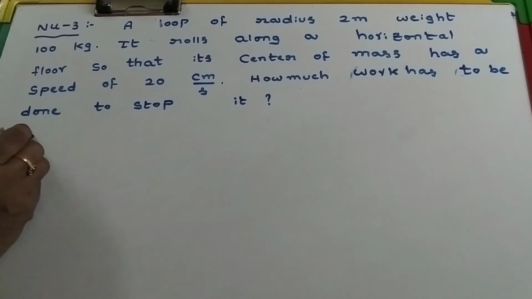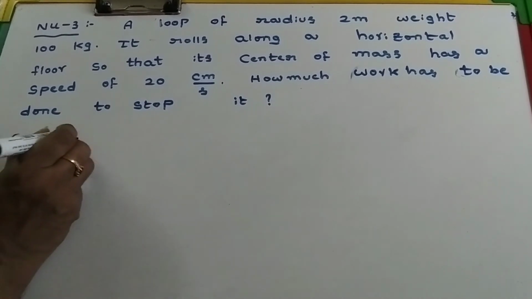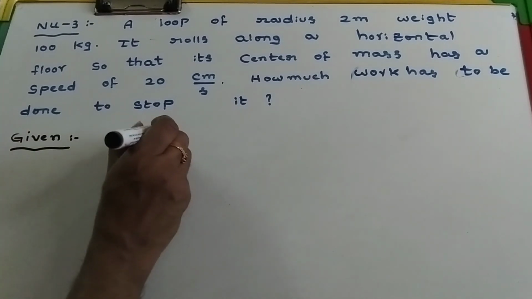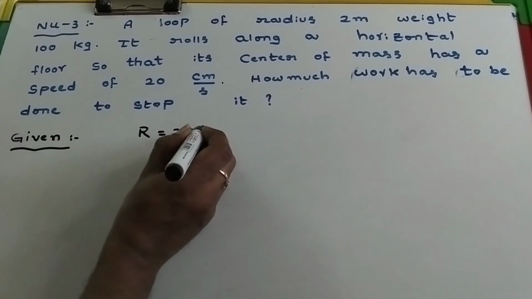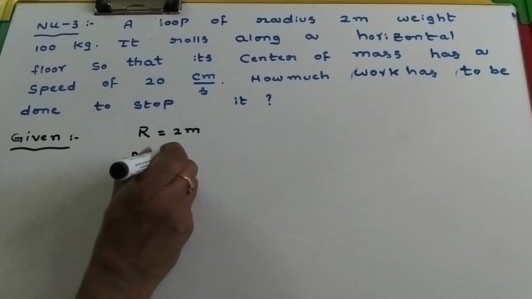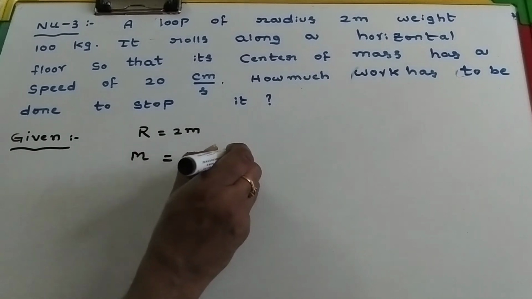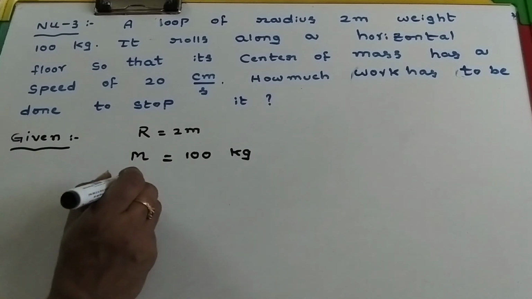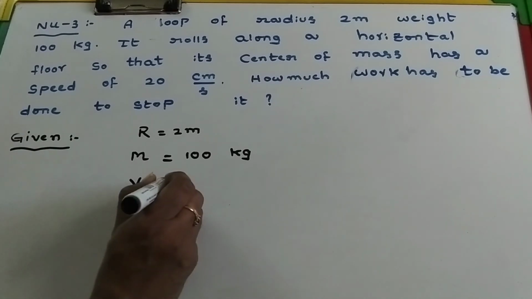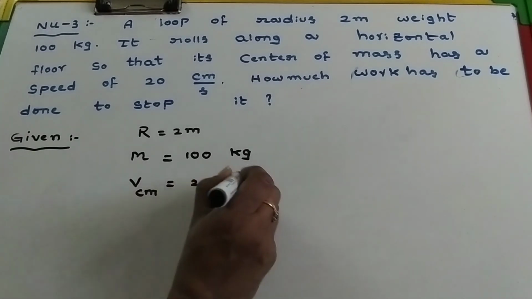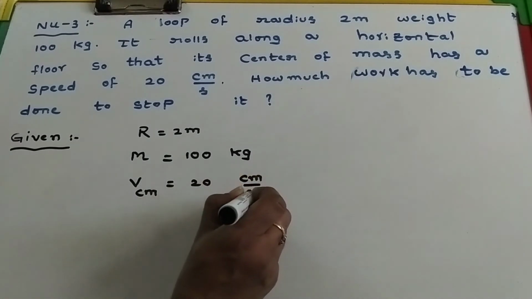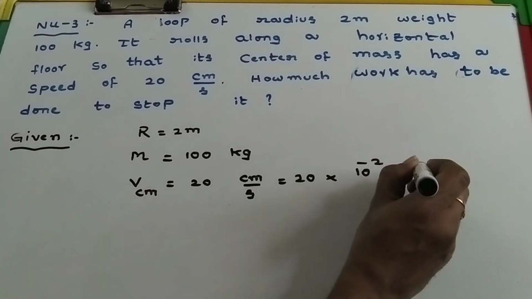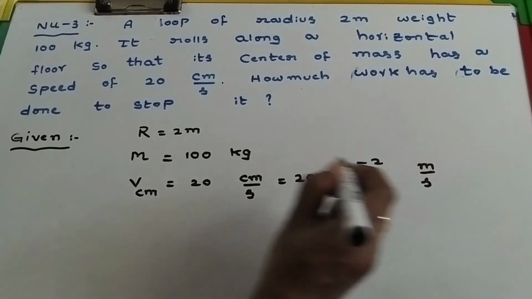Now, given: r = 2 meters, m = 100 kg, and v of center of mass = 20 cm/s = 20 × 10⁻² m/s.